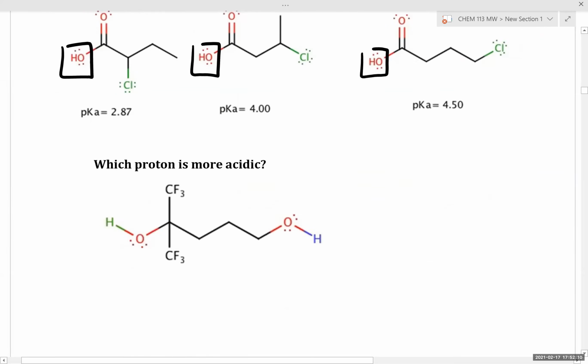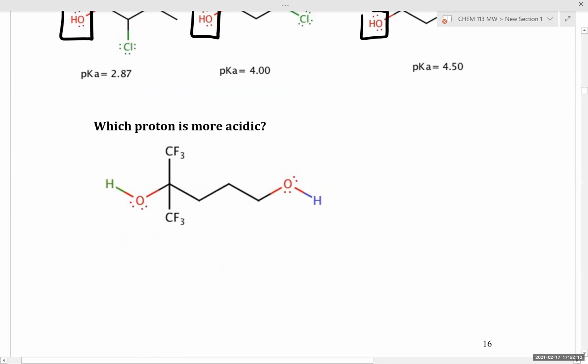Okay, so let's try to put this into practice. We have two alcohols in the same molecule, and I'd like you to tell me whether alcohol A or B will be more acidic based on what we've learned about inductive effects. Would it be A? Yep, exactly right. And would you like to provide a reason for why? Why is proton A more acidic?